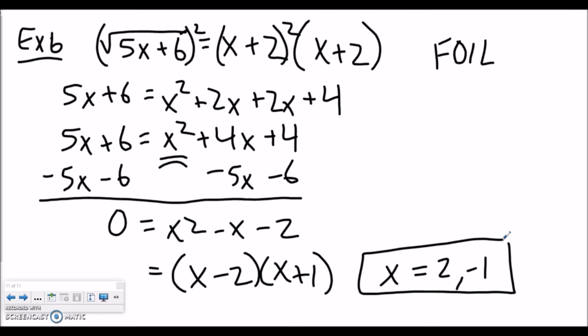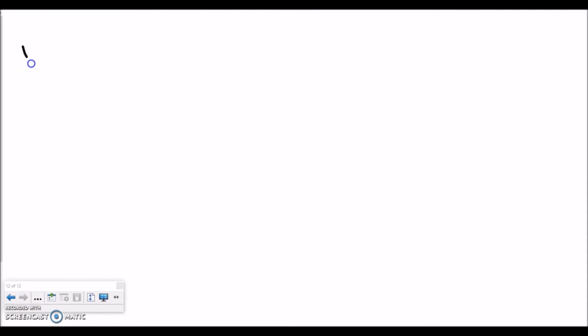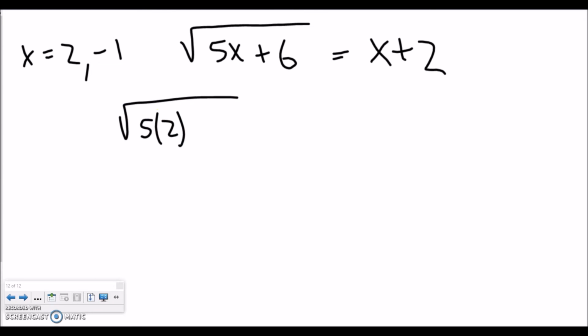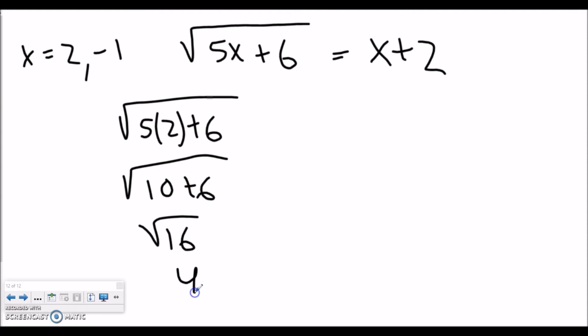But, of course, we have to check that answer. So x equals 2 or negative 1, and our original problem was the square root of 5x plus 6 equals x plus 2. I'll check the 2 first. Square root of 5 times 2 plus 6. That's the square root of 10 plus 6, the square root of 16, or 4. What do I get on the right side? 2 plus 2, and that's 4.